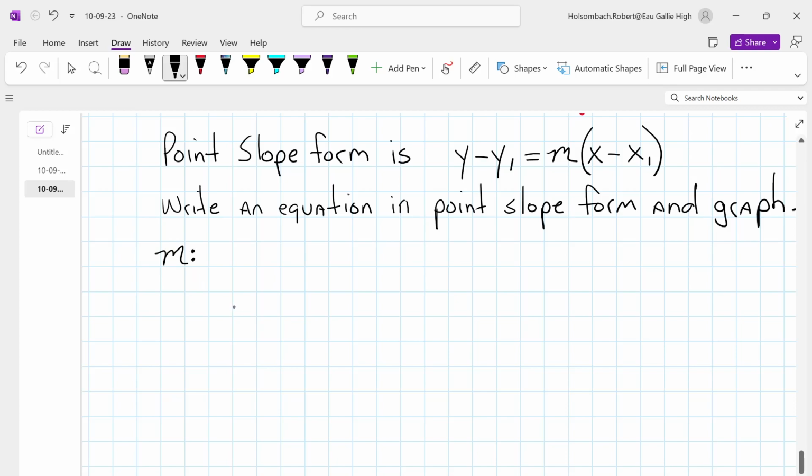Let's do an m of negative 2/3. A point on the line, (2, -3).